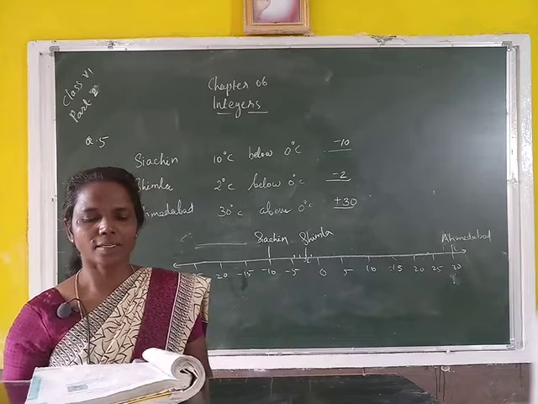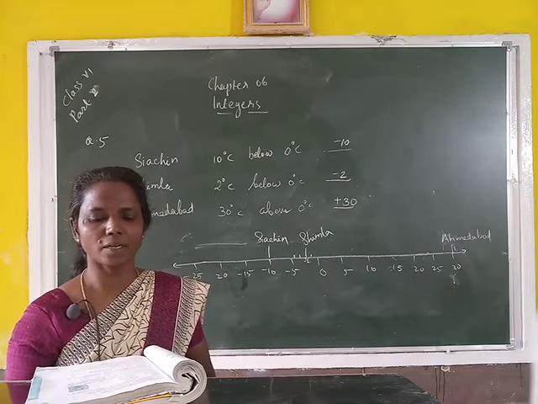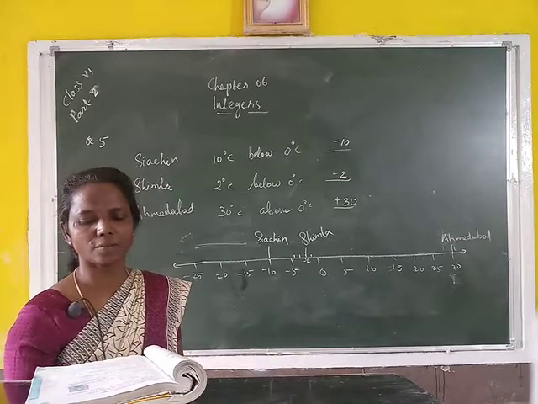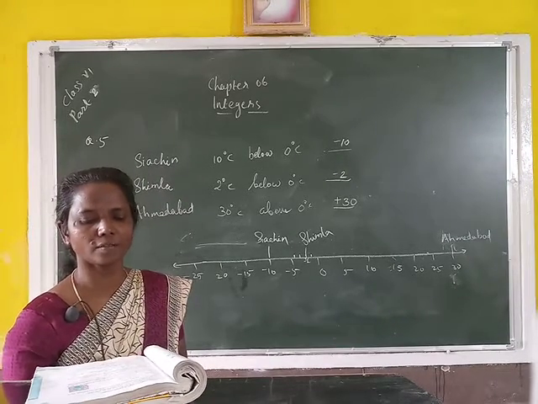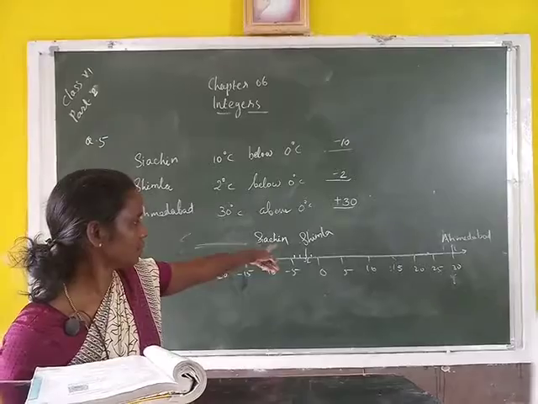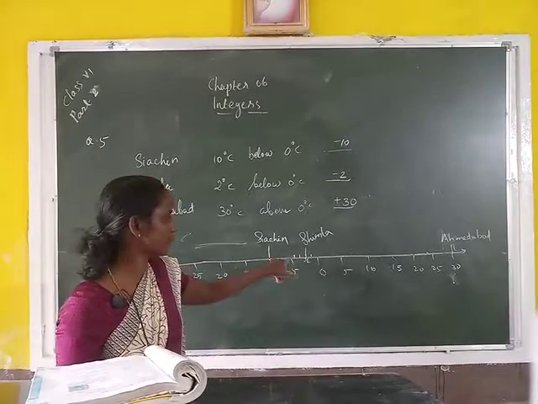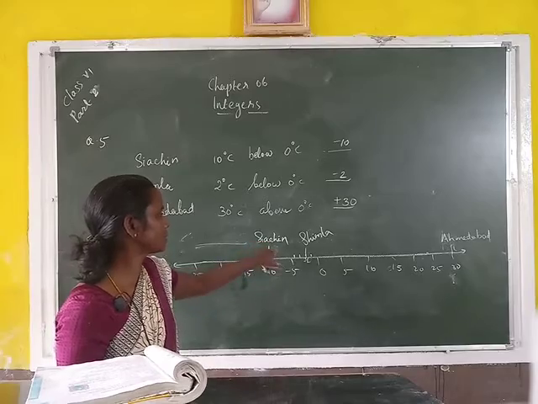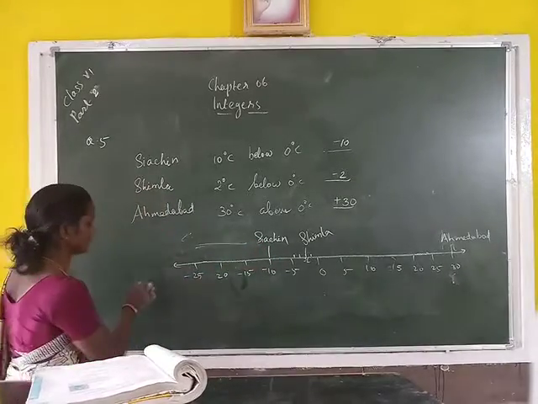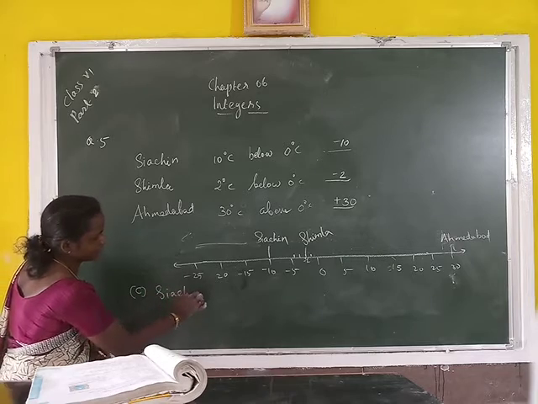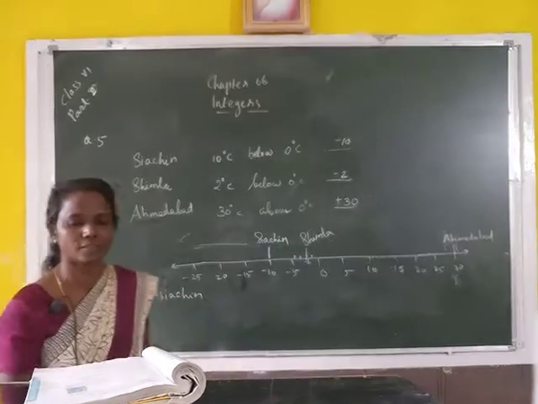Look, Siachen -10, Shimla -2, then Ahmedabad +30, Delhi +20, and Srinagar +5. Then which is the coolest place? Here the coolest place answer is Siachen. Answer C is Siachen.